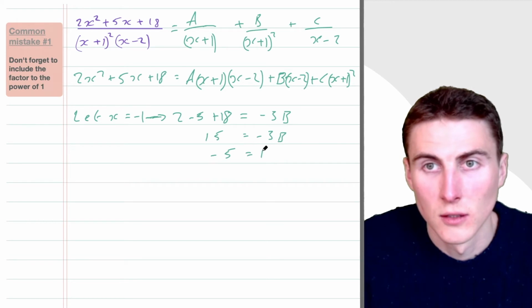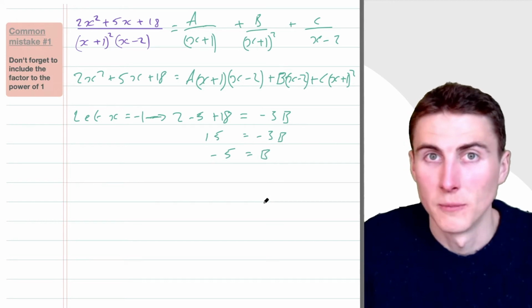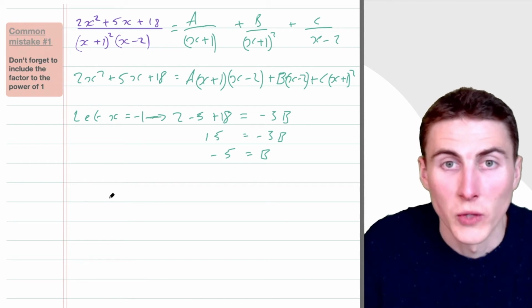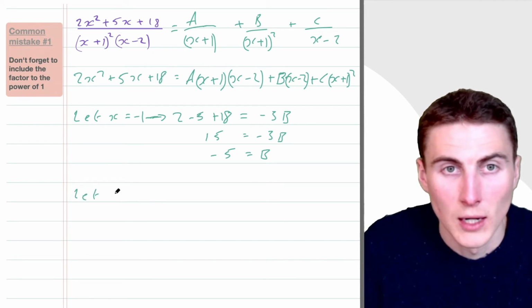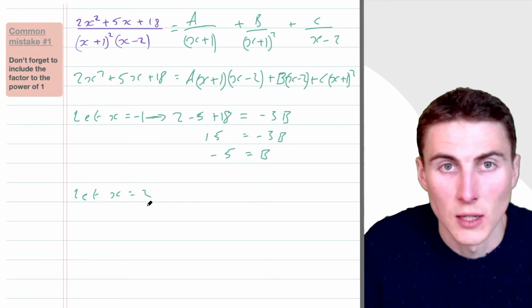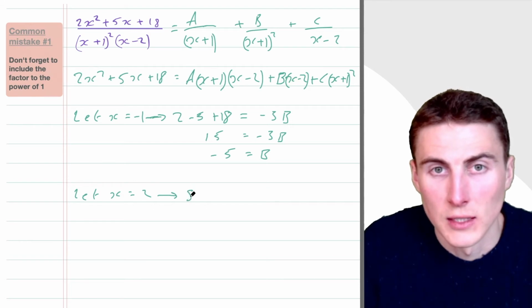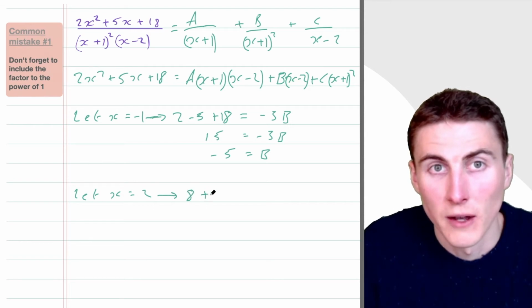so we found B. And then, to cancel out this bit here, we need a 2, so we're going to let x equal 2 this time. It's a bit easier. 2 squared is 4, times 2 is 8, 5 times 2 is 10, and we add the 18 as well.